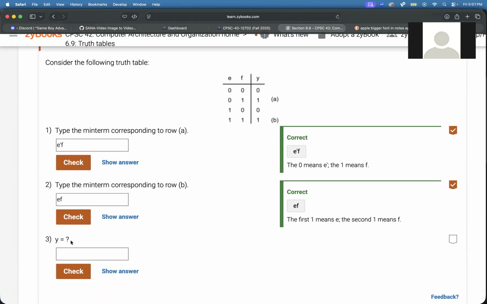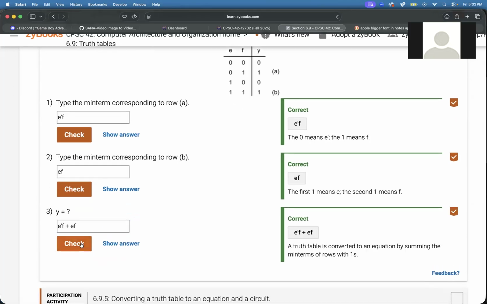What function is this? Y is going to be whichever ones are marked. So 0, 1 is not E F. And the last row is 1, 1, which is EF. So where the ones are, that's the terms you have in your function.